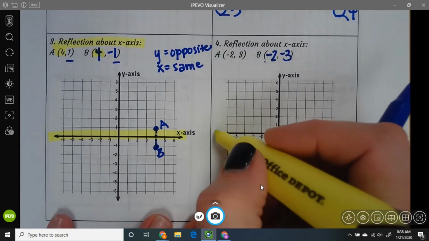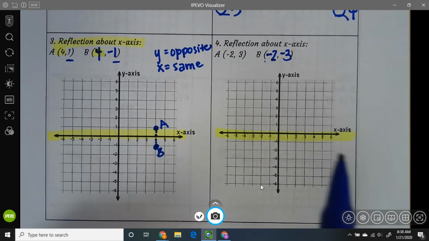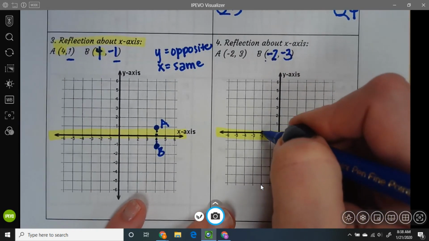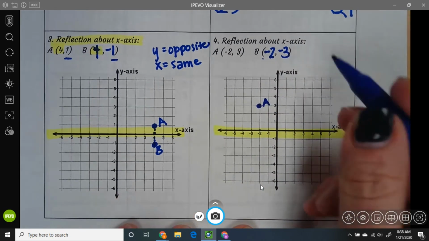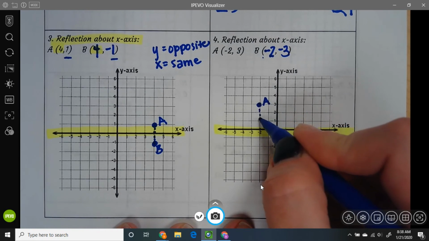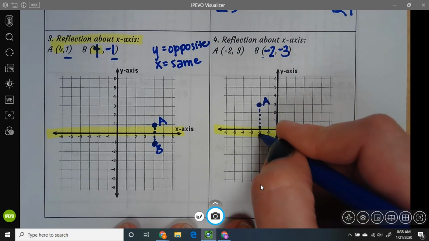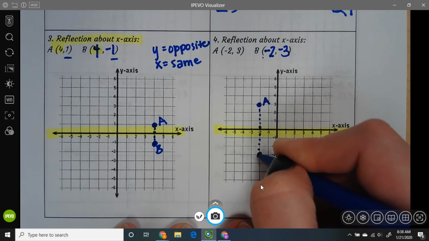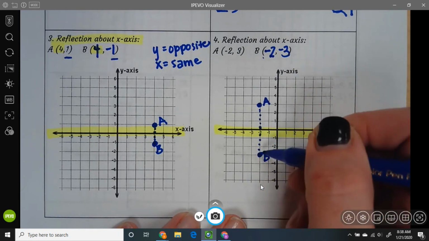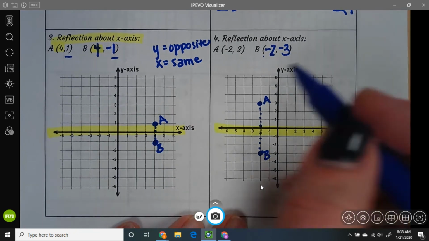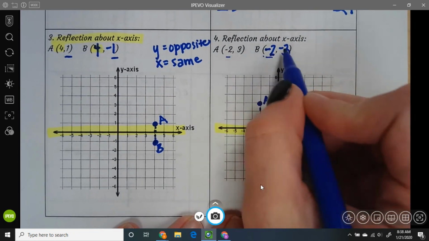Let's plot it and see. So A should be -2, and then 3. And then B would reflect across, so it comes down 3, and then goes down 3 from there. So B would be a reflection at -2, -3, which that stayed the same, and the y changed.